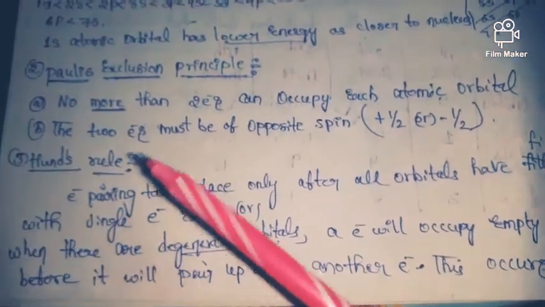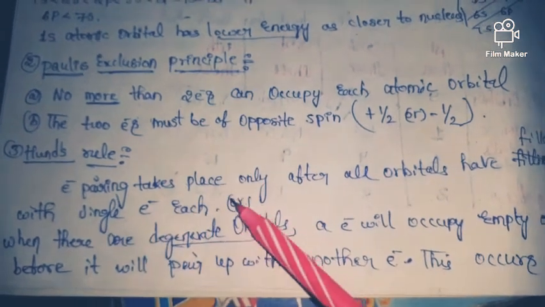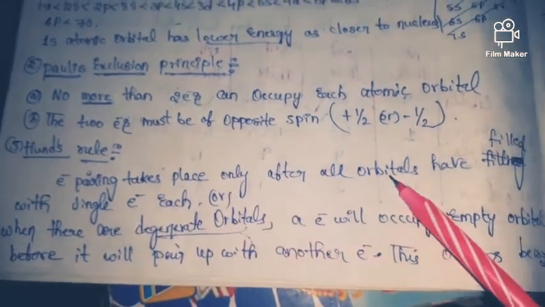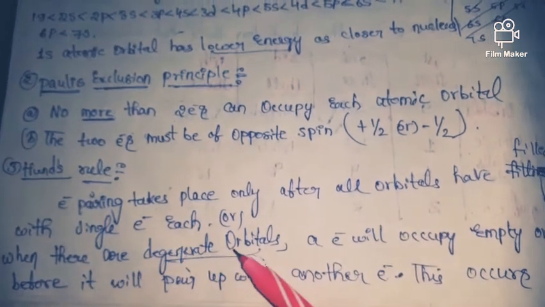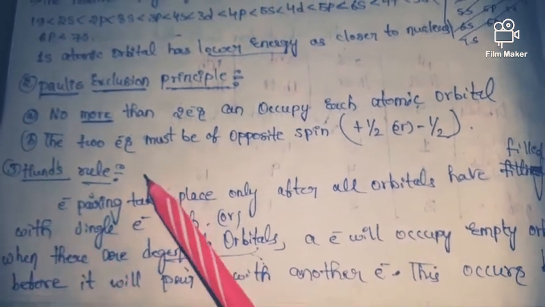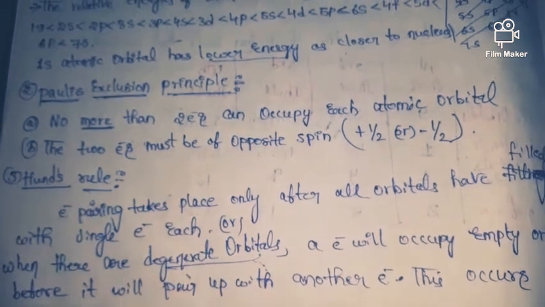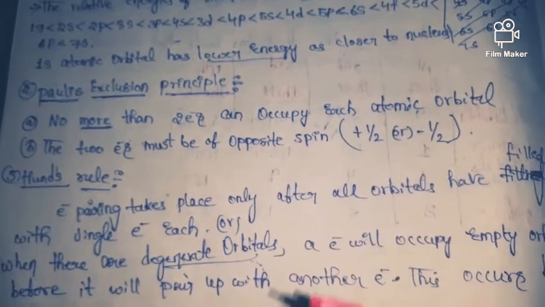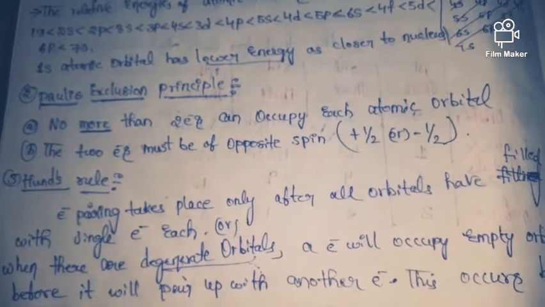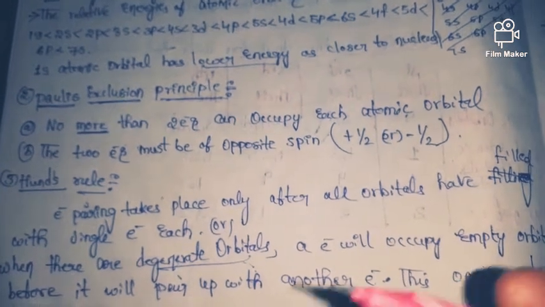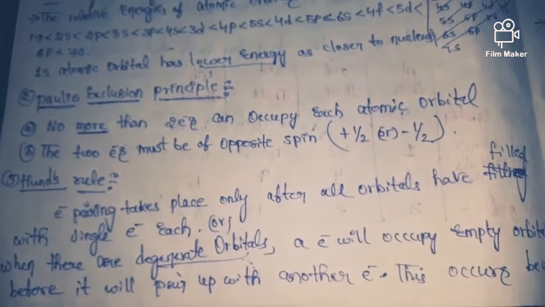According to Hund's rule, electron pairing takes place only after all orbitals have been filled with a single electron each. I think you have an idea about the pairing; pair means two electrons. So in order to accommodate two electrons in an orbital, Hund's rule should be followed.